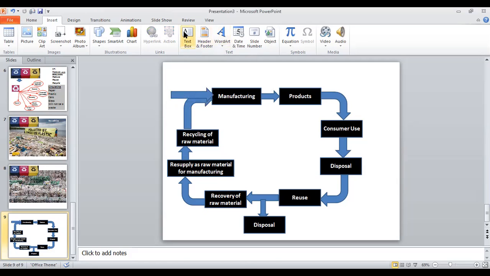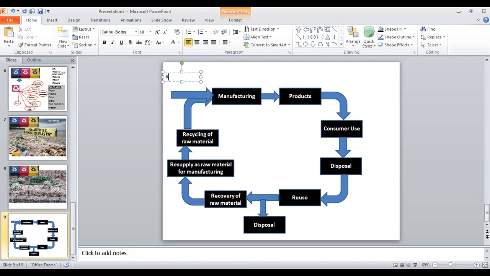Yes, okay, so you can say reduced use of original raw material. Yes, reduce use of original raw material. So that's how you practice reduce in industries. So it is very important.